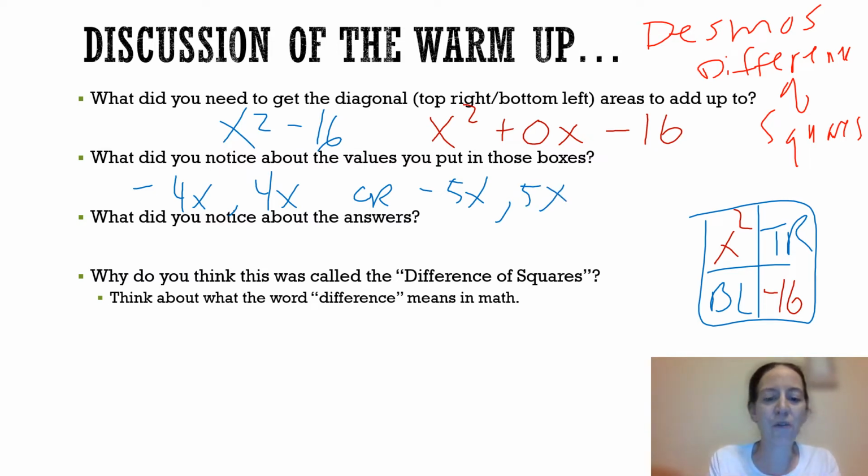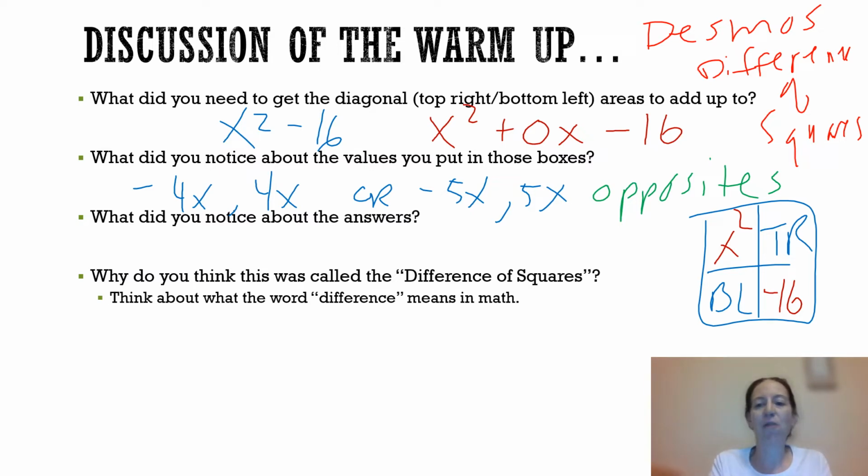The math word for that is that they are opposites. When we're talking about the positive and the negative of the same thing, the math vocab word is opposites. So whatever went in those boxes, you had positive and negative of the same thing. The next question is, what did you notice about the answers?